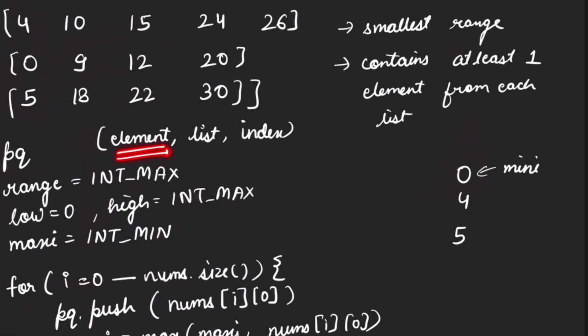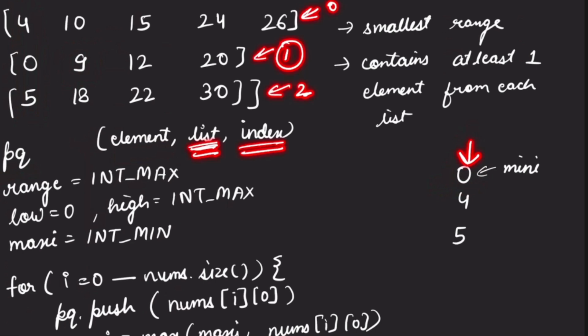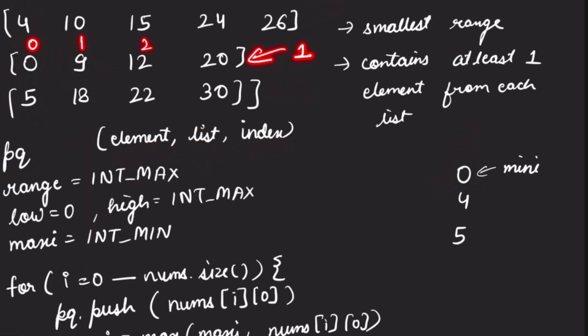So this will be your element, which in this case is 0. Second will be the list, meaning in which list 0 is present. So this was your list 0, this was your list 1, and this was your list 2. So this list will contain 1. And then index. Index is the index of this element in this list. So this was list 1 and the indexes were 0, 1, 2, 3.